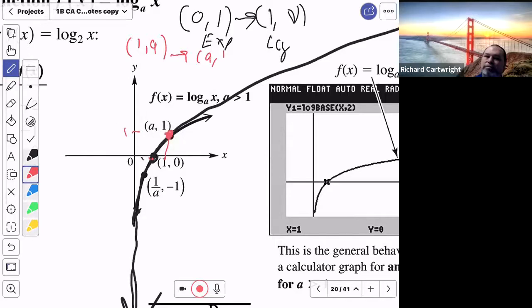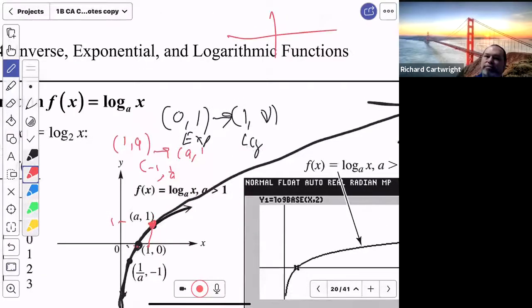Now I was trying to do the other one a minute ago. Exponential, we had a -1. That's where I forgot to write down -1, that's where I messed up. -1, 1 over a, because on the exponential graph, it was a -1 not very far up.